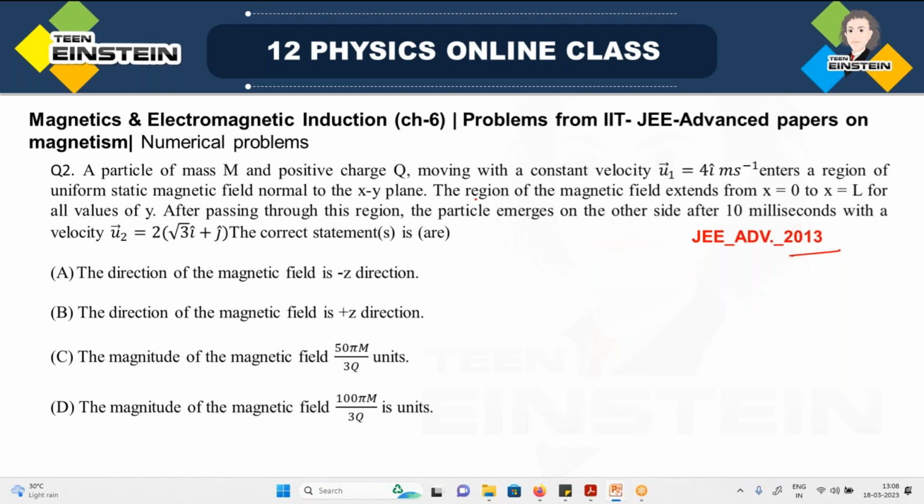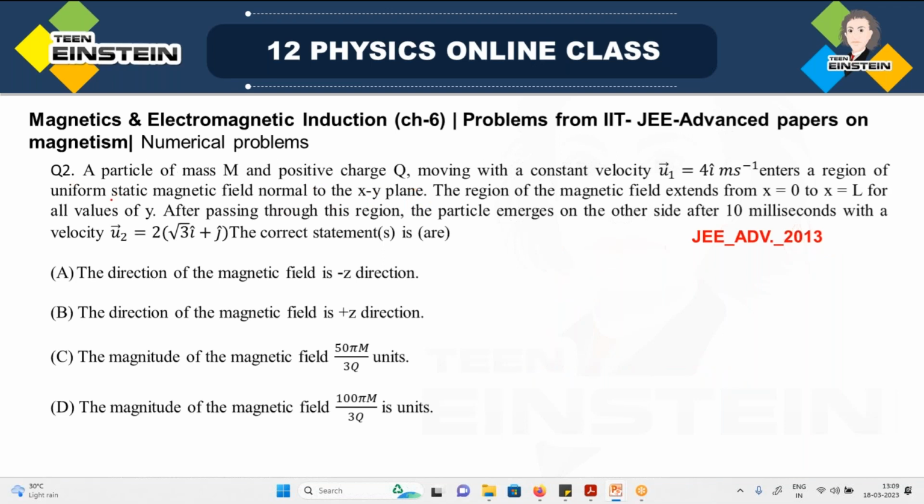So you can see there is the xy plane, say this is x, this is y, and the magnetic field is perpendicular to the xy plane, normal to the xy plane.